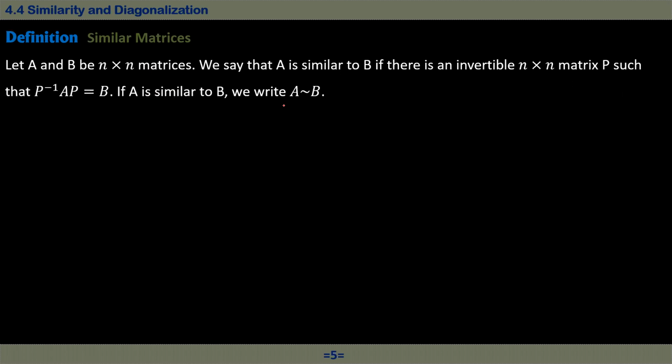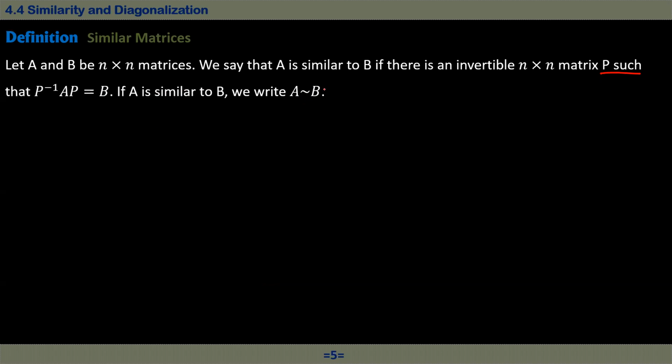We say that A is similar to B if there is an invertible n by n matrix P such that P inverse times A times P is equal to B, because we are not saying that A is always similar to B. So if we can find such a matrix P, so that multiplying its inverse by A and by P gives us this B, then we say that A is similar to B, and we write it as A ~ B. Now, from this definition, we can say that also B is similar to A.